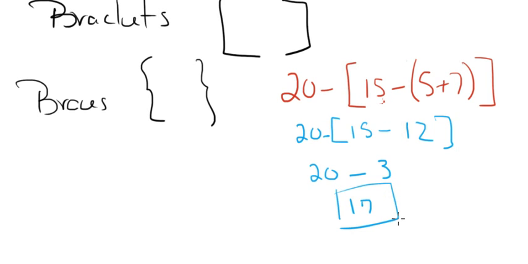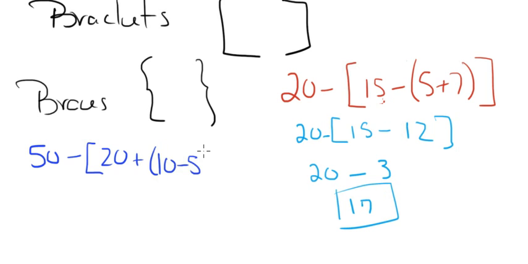Okay, so now in our book we have example 1, and it shows us 50 minus, then we have brackets, 20 plus parentheses, 10 minus 5, close parentheses, close bracket. First thing we do are the parentheses, would you agree?